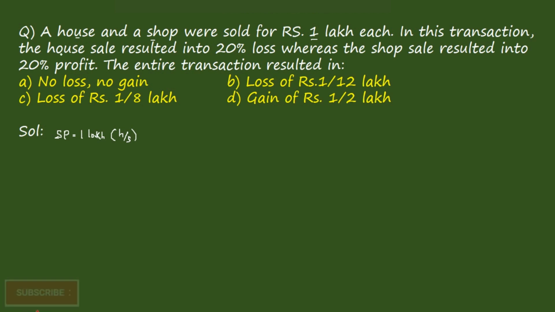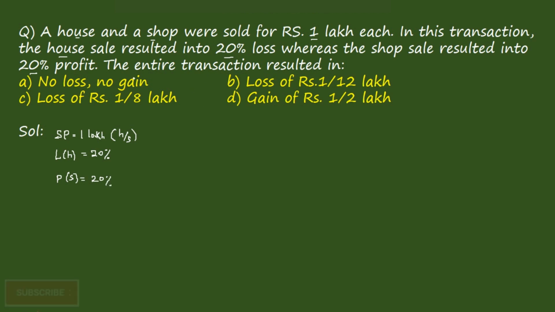Again, they are saying in this transaction, the house sale results in 20% loss. So we can say that there is a loss on the house sale, which is equal to 20%. Again, they are saying the shop sale results in 20% profit. So there is a profit on the shop, which is equal to 20%.